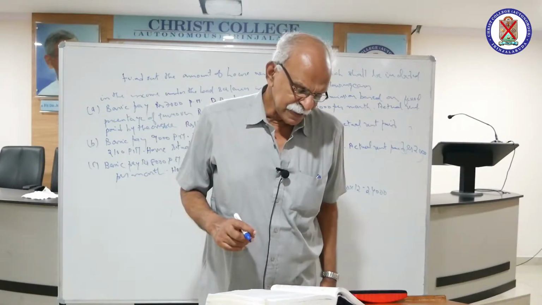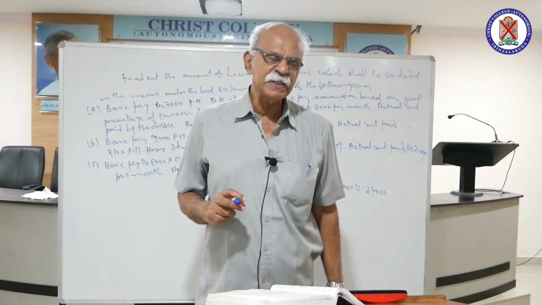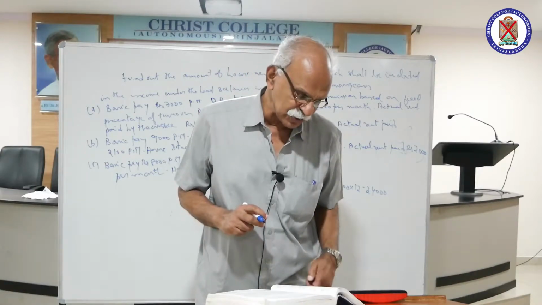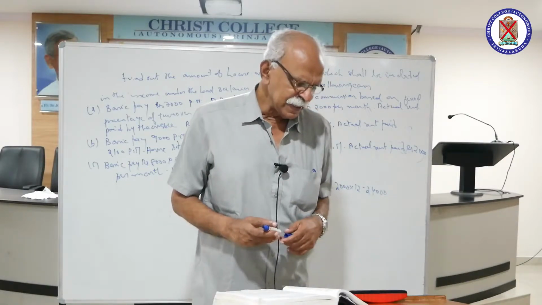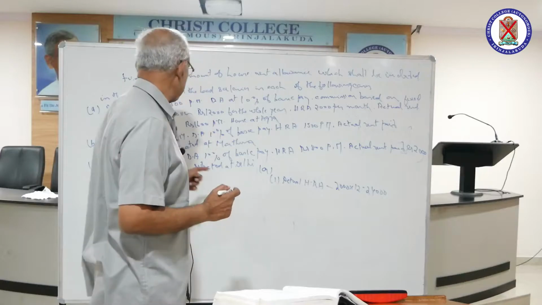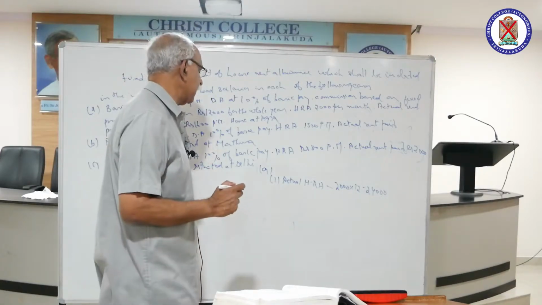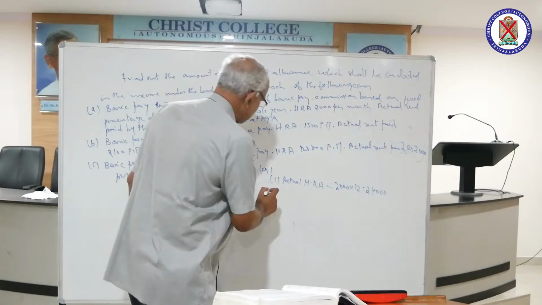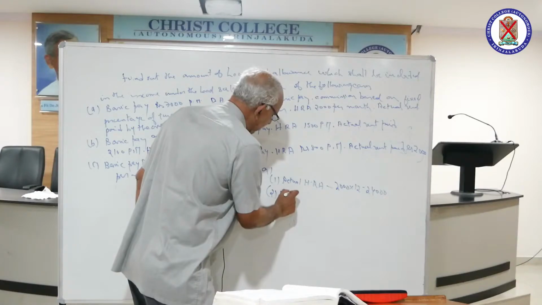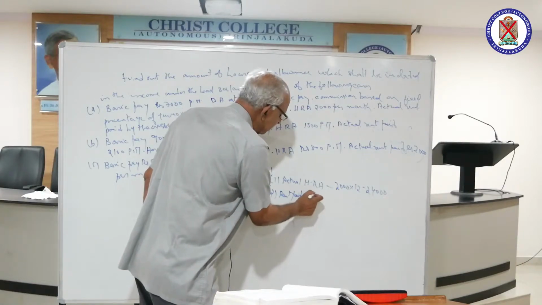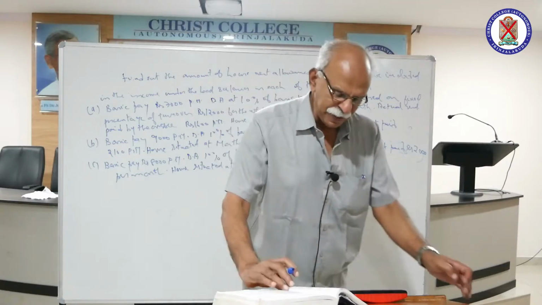Next, the second point is excess of rent paid over 10% of salary due to the assessee in the relevant period. That is, rent paid minus 10% of salary due to the assessee. How much is rent paid?